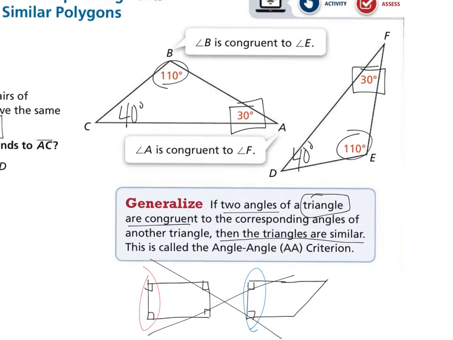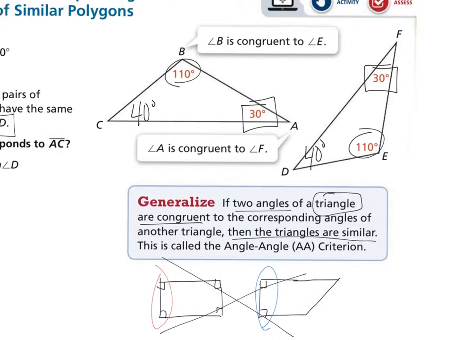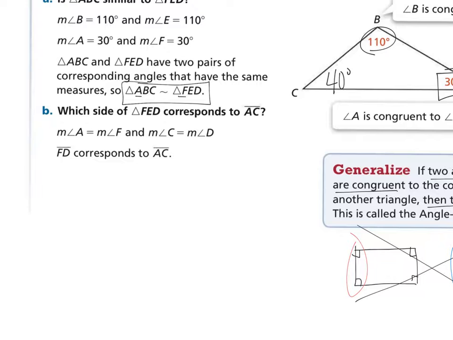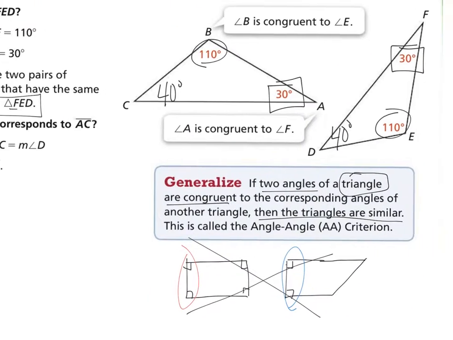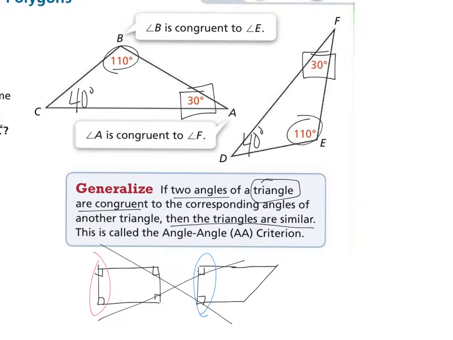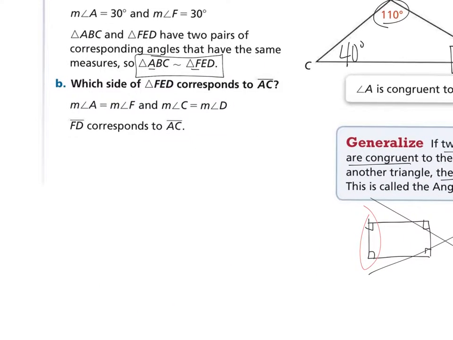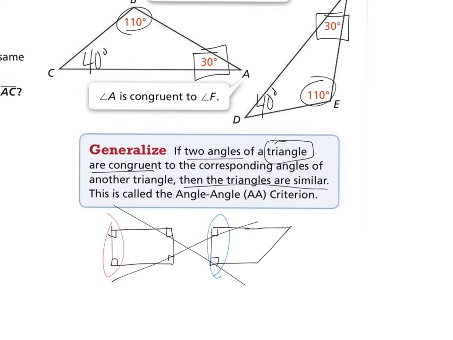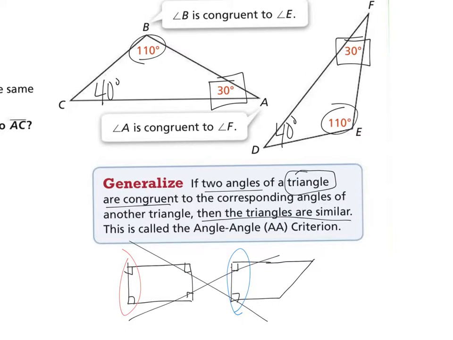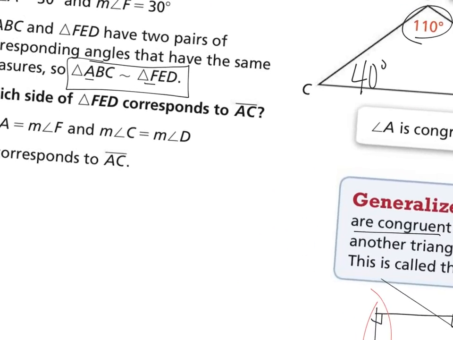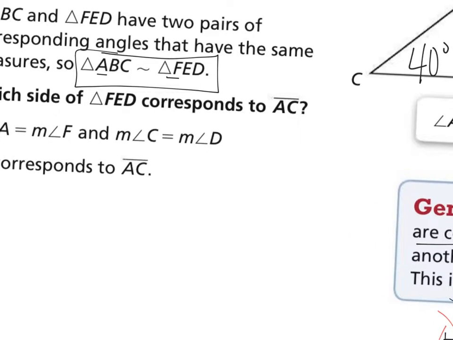A and F both are 30-degree angles. B and E are both 110-degree angles. And our last letters, C and D, are both those 40-degree angles. So what happens when we make that similarity statement, we're putting those in order where if they're in the same position, they have the same angle measure.